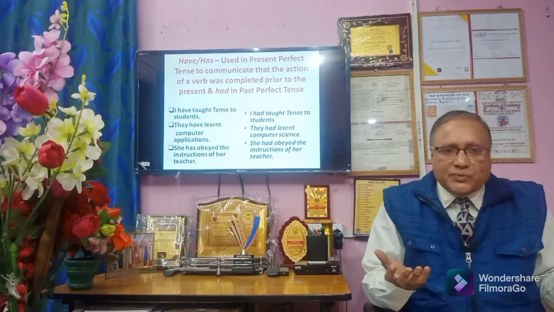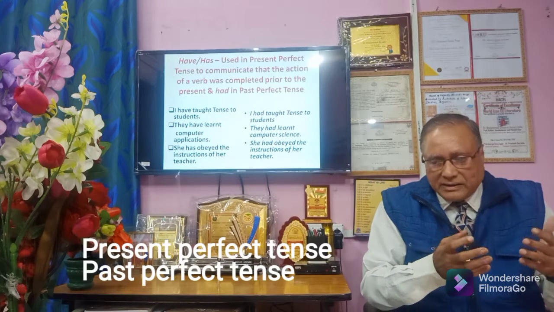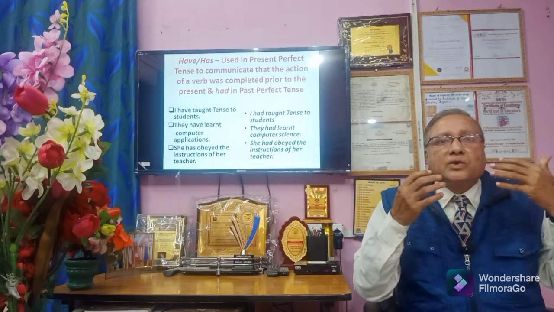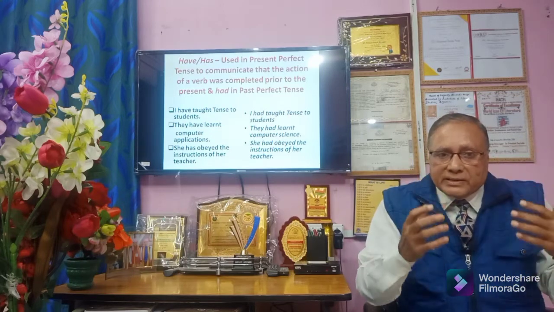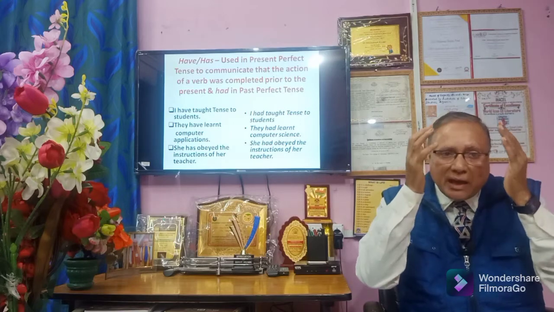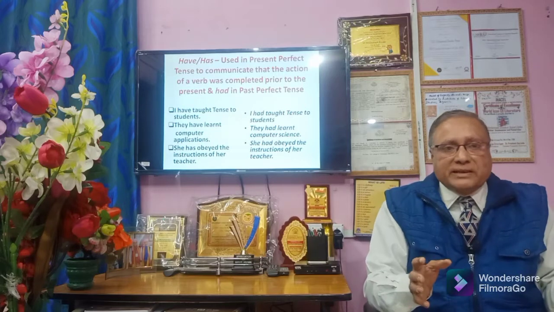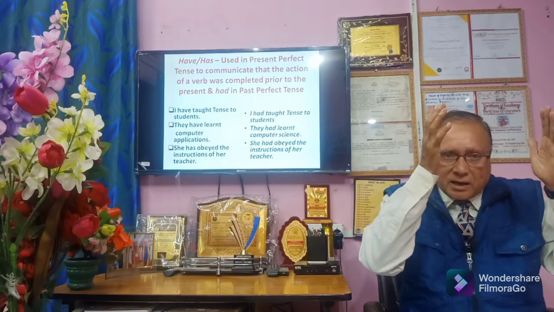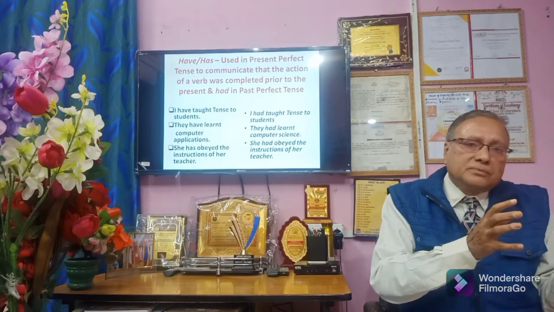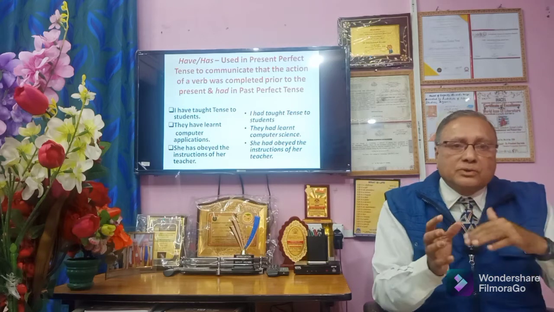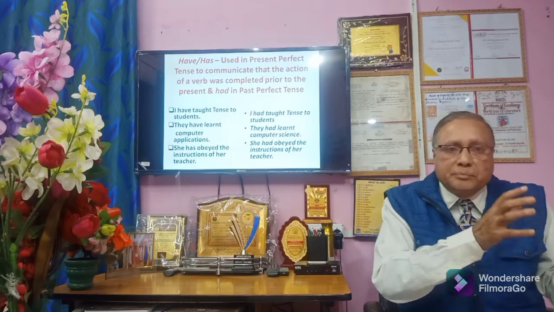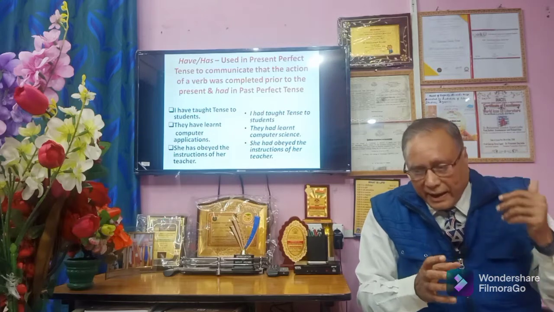And in similar fashion, you can use had in past perfect tense. In present perfect tense, according to the subject, you use has or have plus verb 3. And in past perfect tense, you have to use had with all subjects, all nouns, all pronouns that come at the beginning of the sentence.